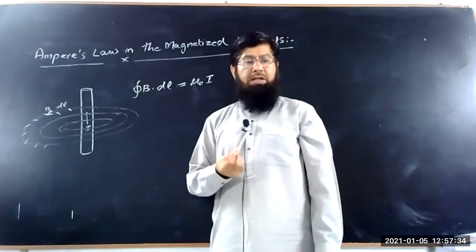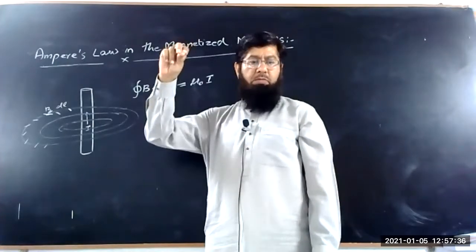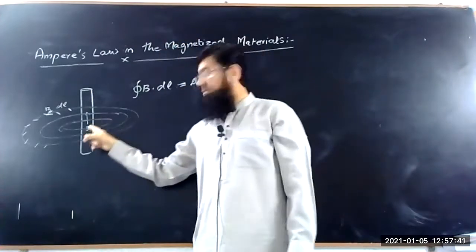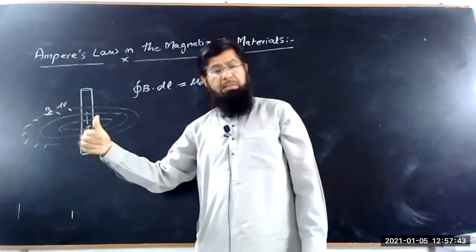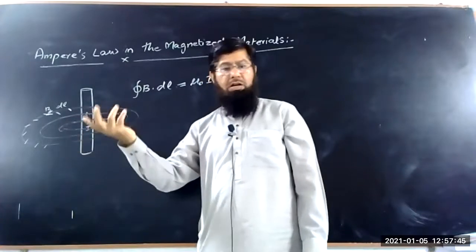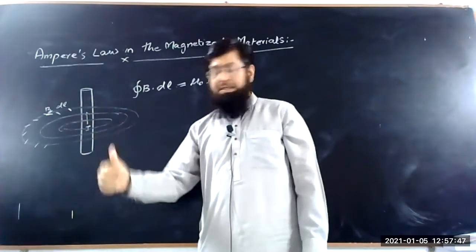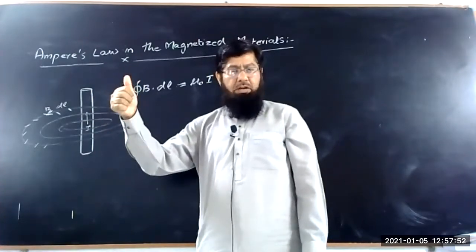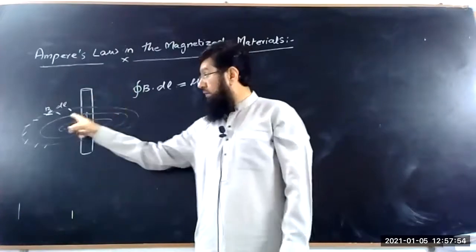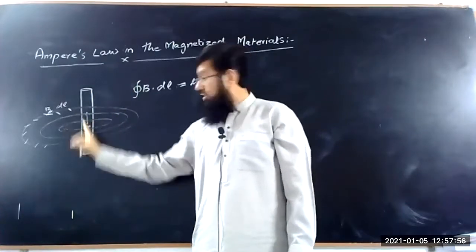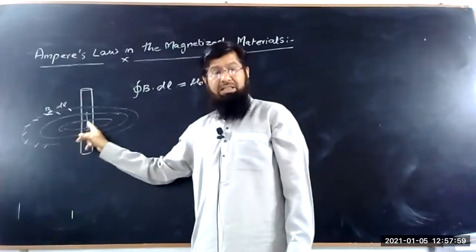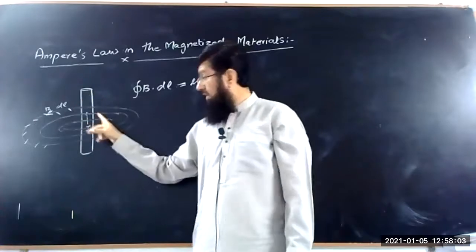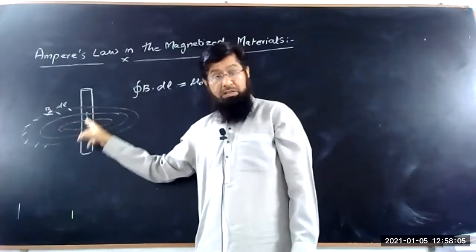One is the free charges, the electrons flowing from one point to another, which gives rise to the current. The second is the bound charges, which give rise to the magnetic field. The electrons orbit around the nucleus, and their magnetic dipole moments are aligned by the magnetic field generated by this current, because the same magnetic field passes through this material.